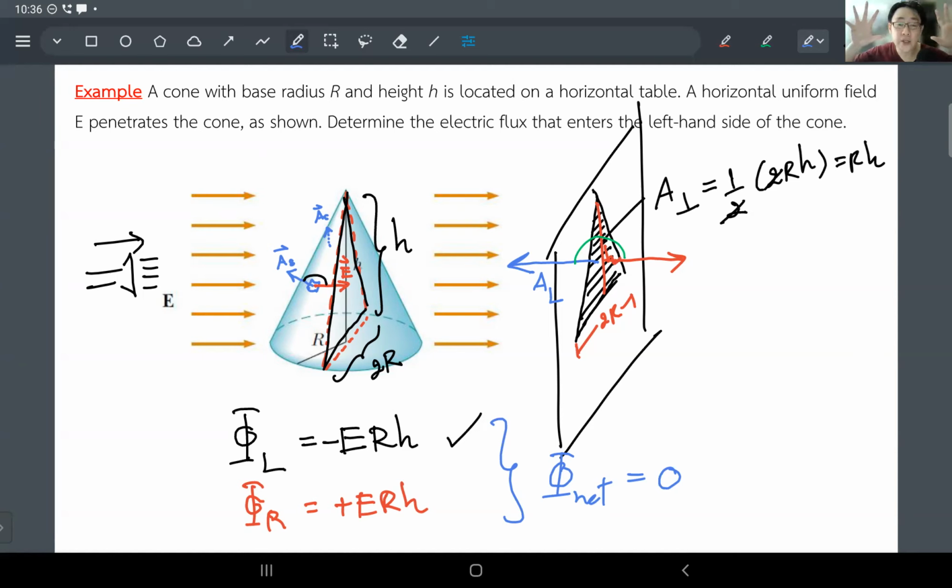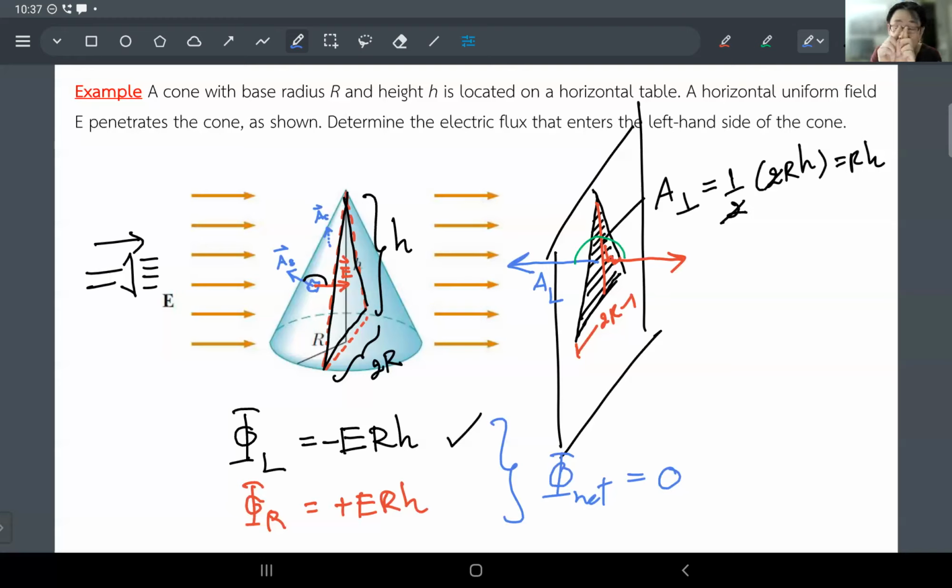But all you need to do is look behind me. If I have a screen on my back and I cast light through my face, you only have to look at my shadow. The shadow of my head is the surface area that you need to multiply by the electric field going through my face right now. That is the same as the amount of flux going through my face.